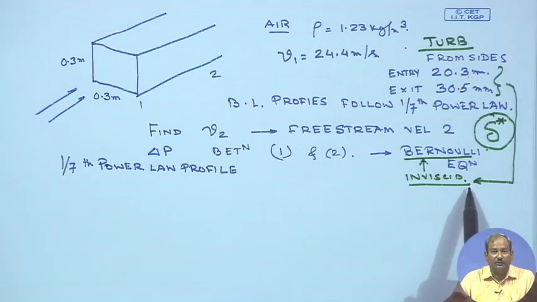That is the beauty of using an integral approach where delta star, the displacement thickness, is used, because if I reduce my flow area by delta star from all four sides, then whatever flow I have in that can be treated as inviscid, because the effect of reduction in mass flow rate because of the formation of boundary layer has already been taken into account in the value of delta star. Therefore, the available flow area can be reduced by delta star from all sides.